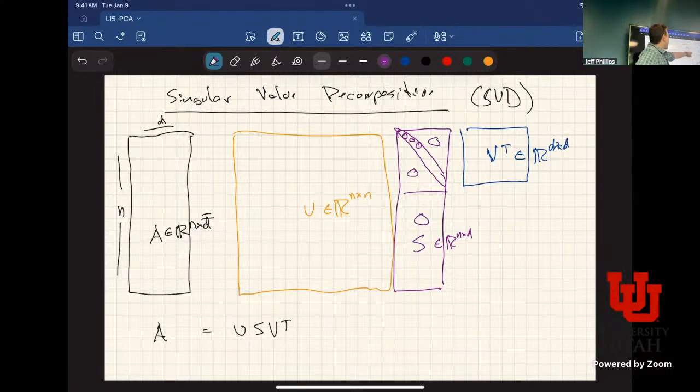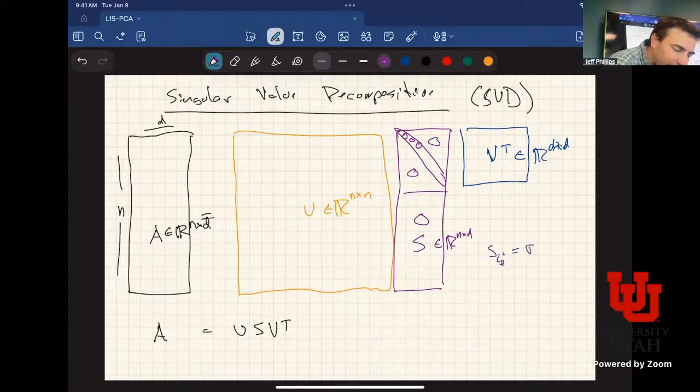The only non-zero information is along the diagonal of the top n by d part, right? So S_i, or say sigma_i, we're going to call the ith singular value.